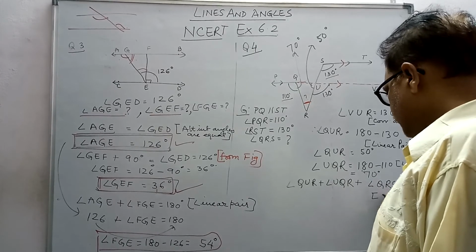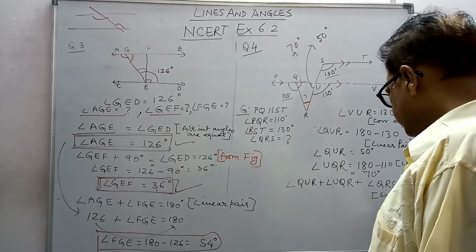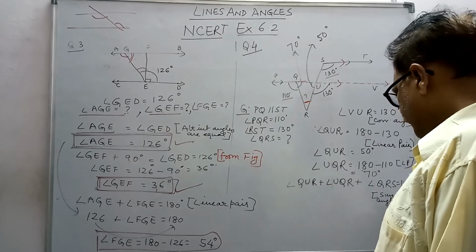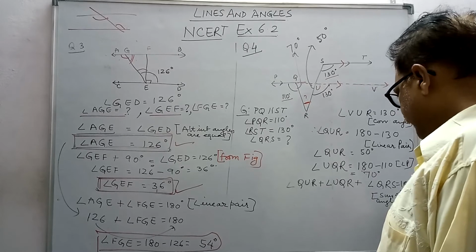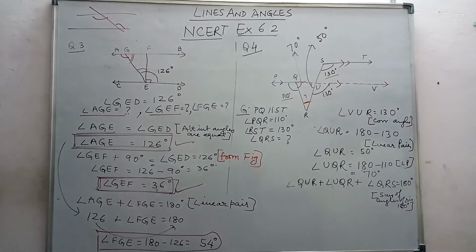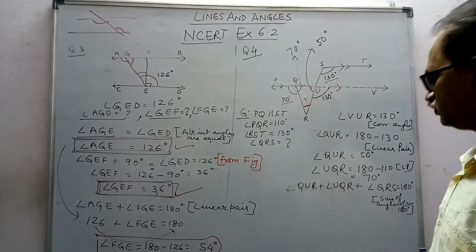Reason: sum of angles of a triangle is 180 degrees. So this angle plus this angle plus this angle is equal to 180.